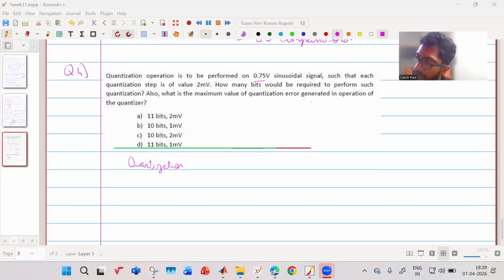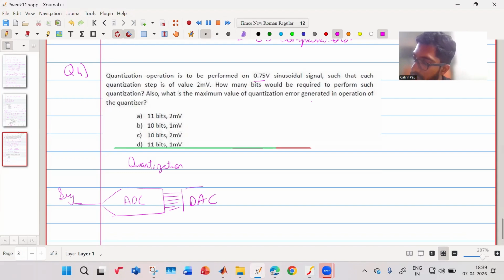So quantization is basically, suppose you have an ADC, with a signal over here. These are all the bits. Then you have a DAC here, and this is the reconstructed signal.